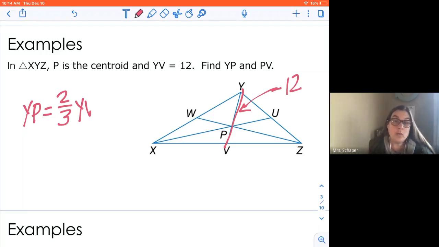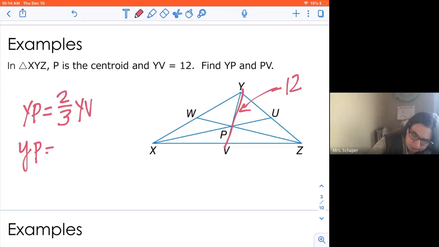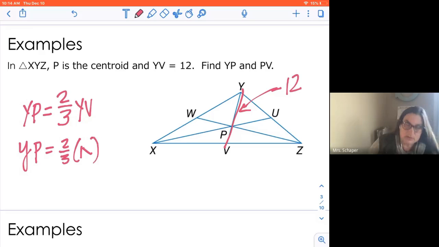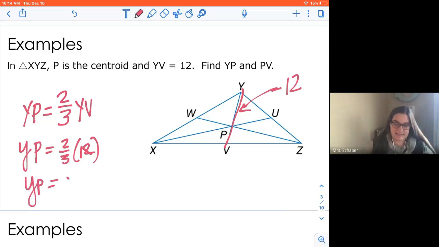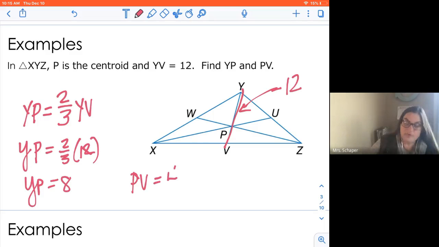We know that YV is 12, so YP is equal to 2/3 of 12. The measurement of YP is 8 units. Therefore, the measurement of PV is 4 units.